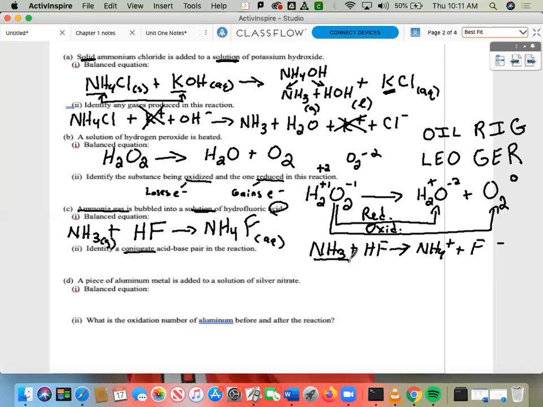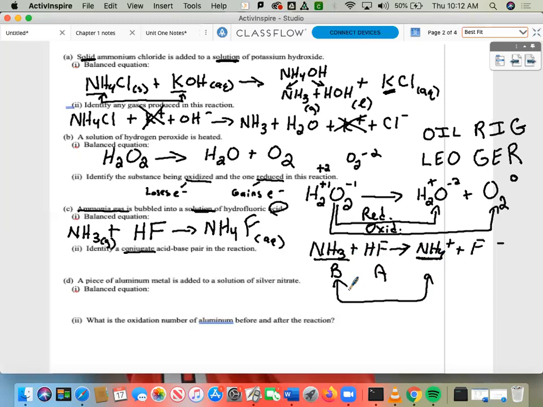What is ammonia? Acid or base? Base. This is a base. What is HF? Acid. Now let's go to the products. Which one looks like ammonia? Right? This one. Doesn't this look like this? Right? So these are a pair.